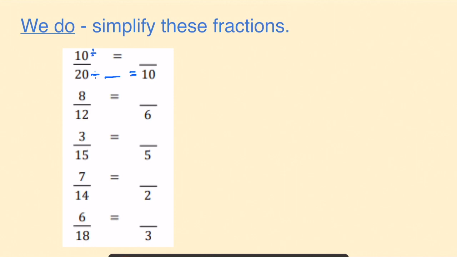So I'm going to divide by the same number to figure out what the numerator is. So 20 divided by 2 would give me 10. So I'm also going to divide 10 by 2, and that will give me 5. So that's my simplified fraction. You could also simplify that a little bit further down into a half.